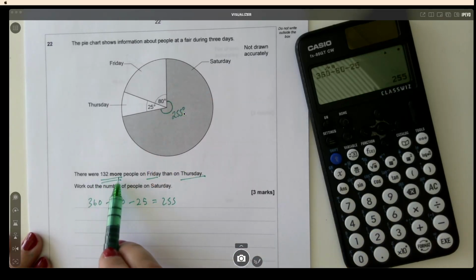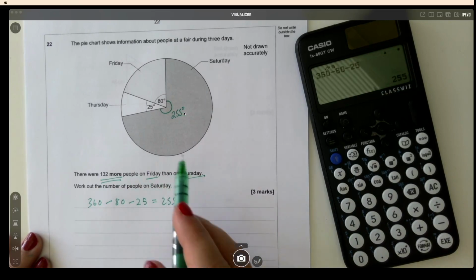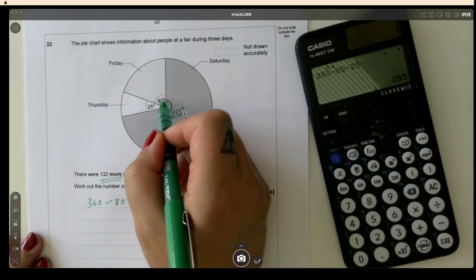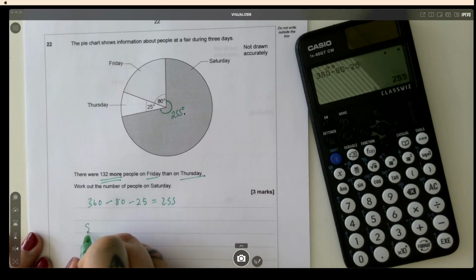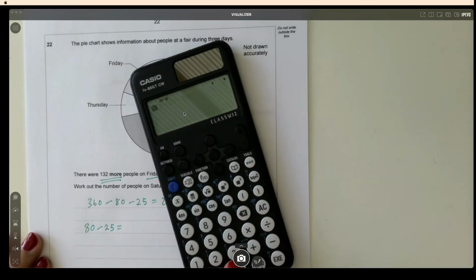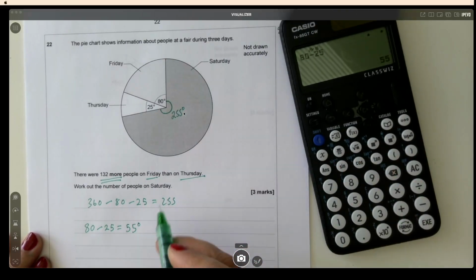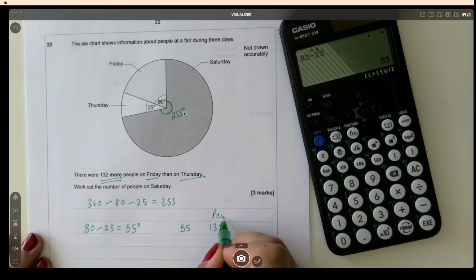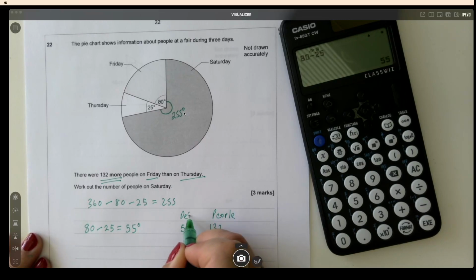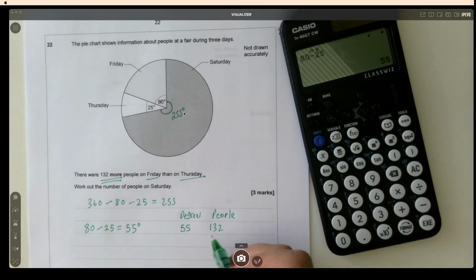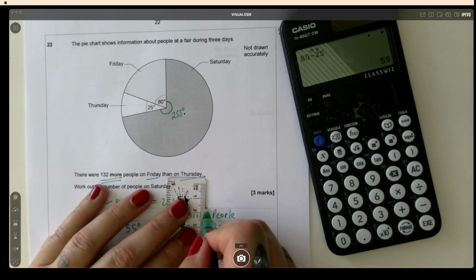There were 132 more people on Friday than Thursday. So now we're going to compare these 2 values. So the difference in angles between Friday and Thursday is 55 degrees. So 132 people are worth 55 degrees in that pie chart.